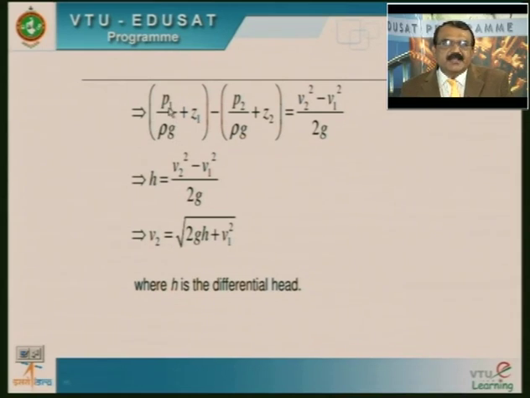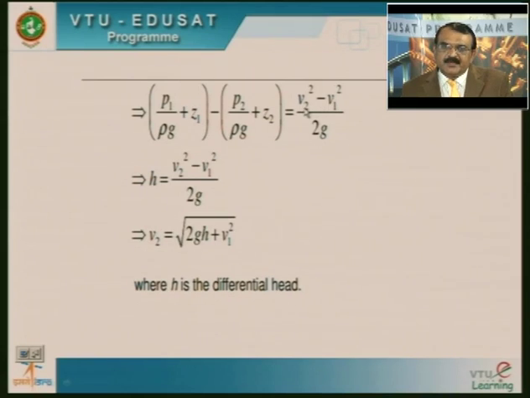So what I did in this case, P1 by gamma plus Z1 minus P2 by gamma plus Z2, I pushed it from the right hand side to the left hand side. Therefore, you are going to get P1 by rho g plus Z1 minus P2 by rho g plus Z2 must be equal to V2 square by 2g minus V1 square by 2g, where V1 is pushed to the right hand side.